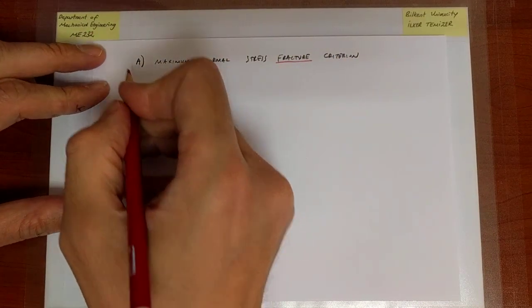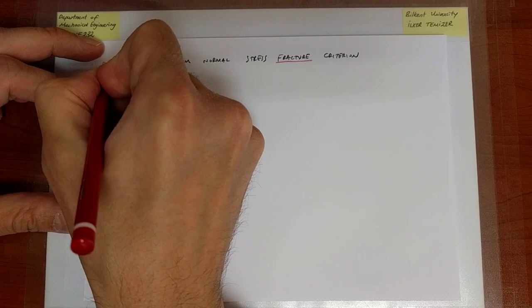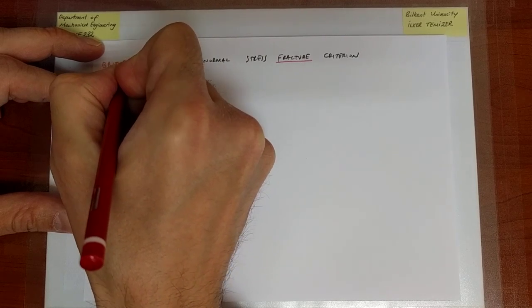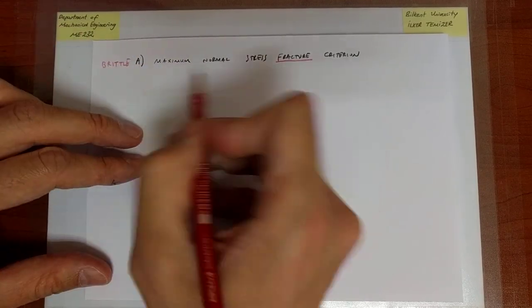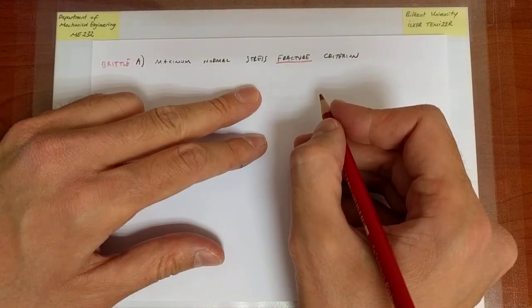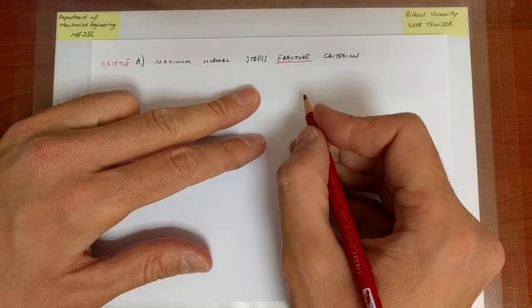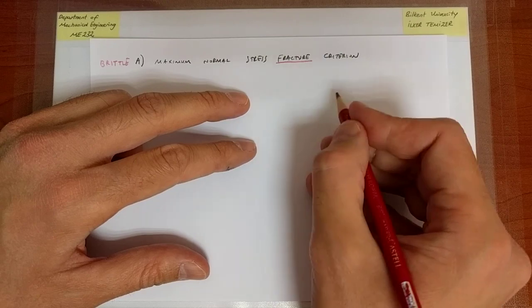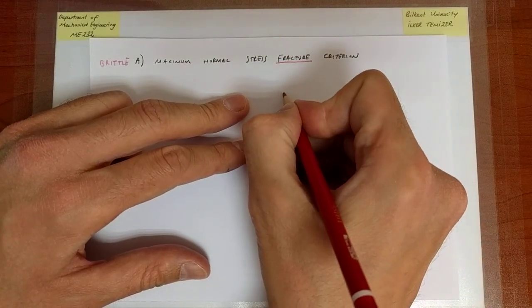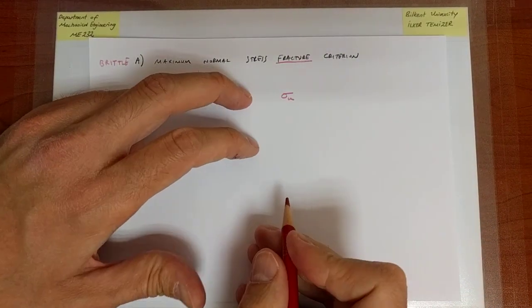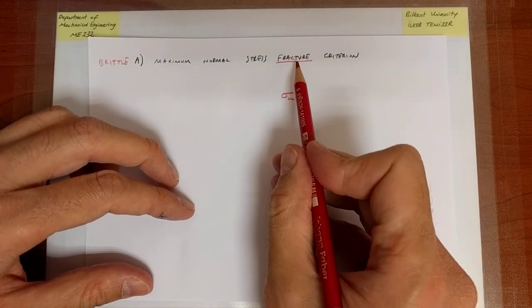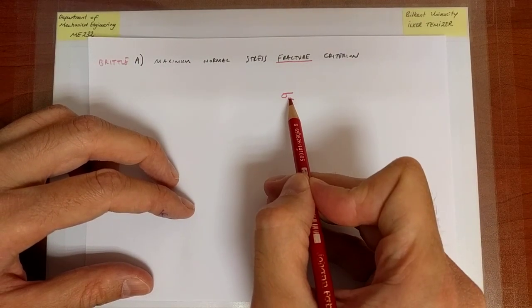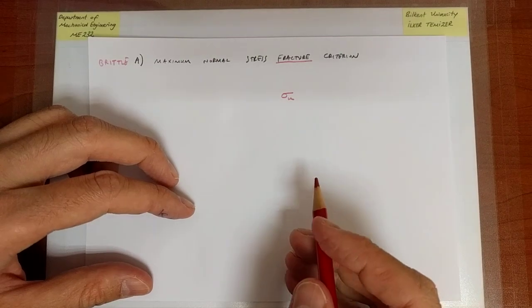So it's not yield, it's fracture, and therefore I immediately understand that this must be for a brittle material, which means that when I formulate my criterion, I will ultimately calculate an effective normal stress and compare it against the ultimate strength of the material, because it is a brittle material. So the critical stress is the ultimate stress.